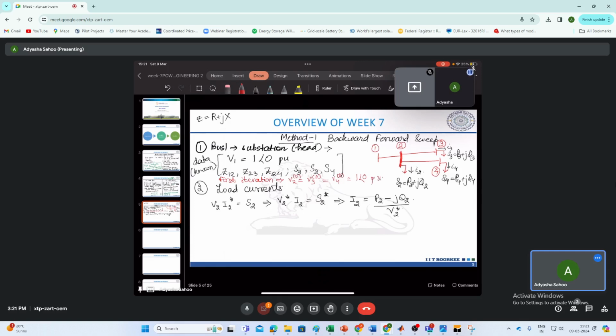So here for I2 in first iteration, you will put the value of V2 in first iteration and its conjugate. So V2 in first iteration is 1. So basically I2 in first iteration will be just P2 minus JQ2.